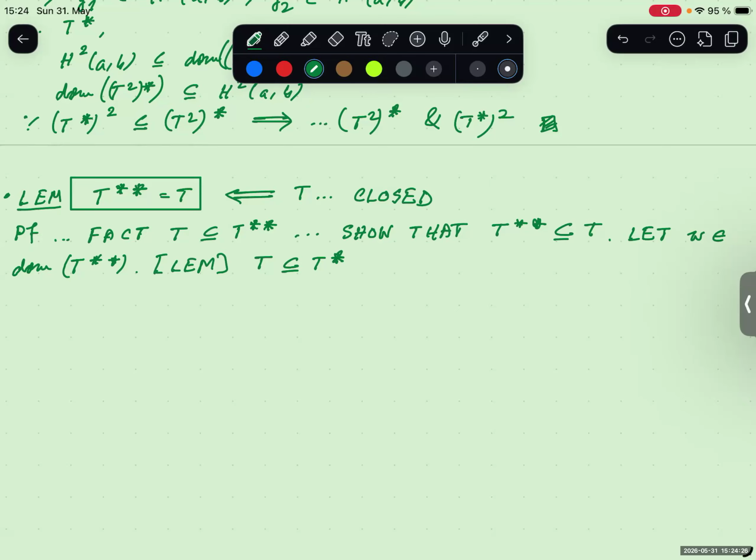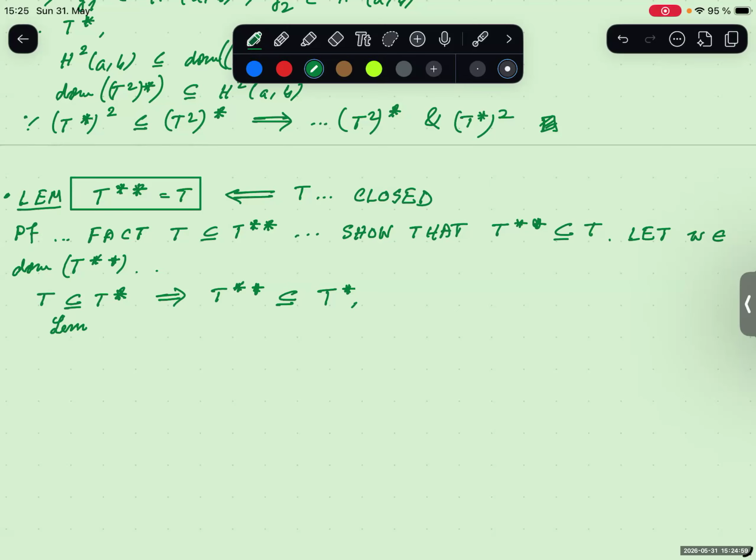Hence, let me write it this way, it's more clear. Lemma, and then we have T star is contained in T star. And then what about the element?